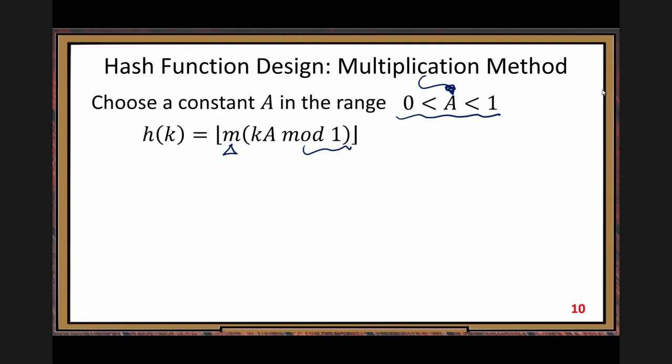But that product usually is not an integer, so you take the floor function to make it an integer. That's your slot number. That's a hash function. In this way, you want to get a robust hash function.